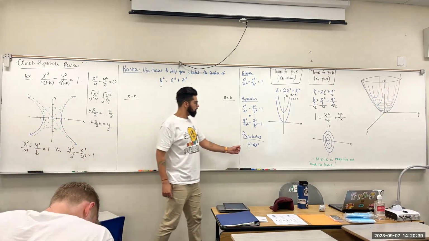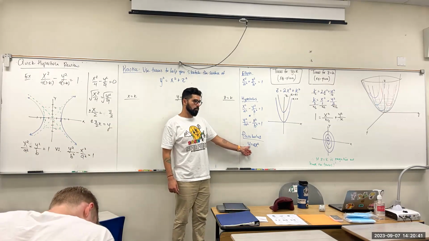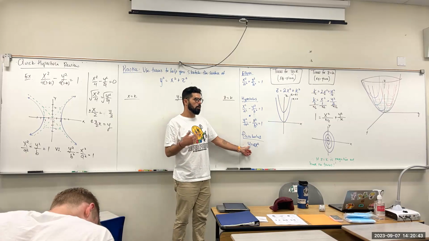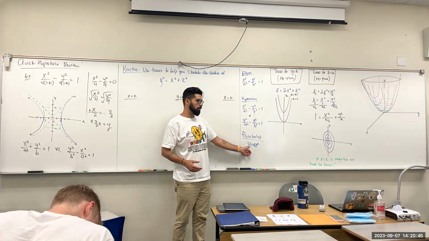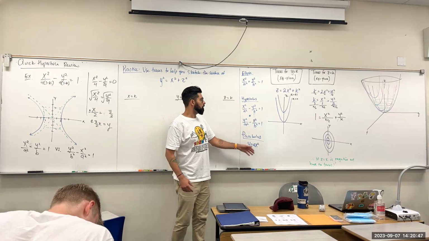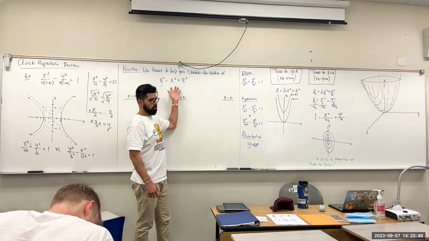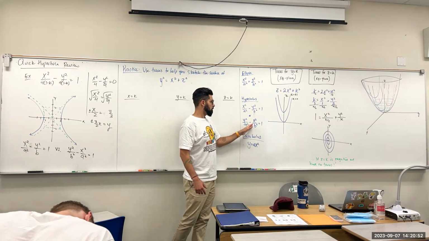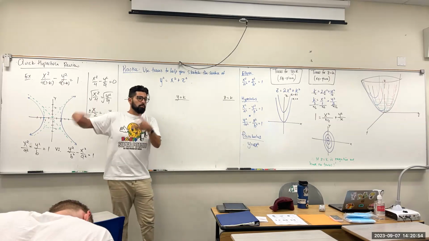If you end up with one of the variables that is not squared, then you probably end up with a parabola, okay? You isolate the variable that's not squared. But if all the variables are squared, then you can't have a parabola, so then you want to move all the squared variables to one side.